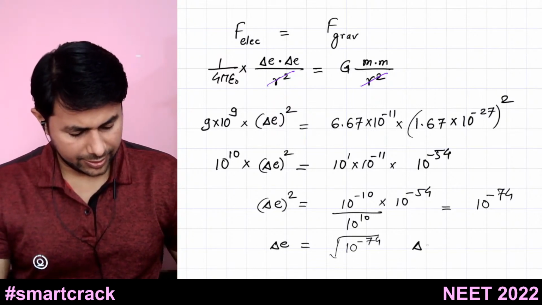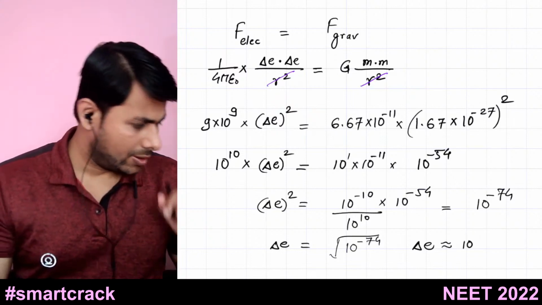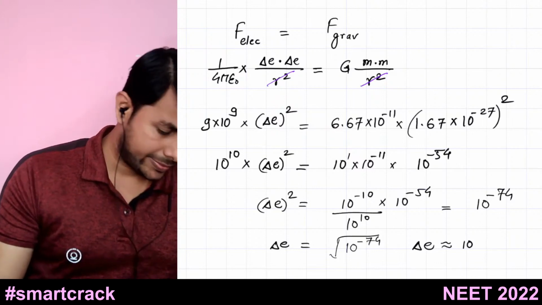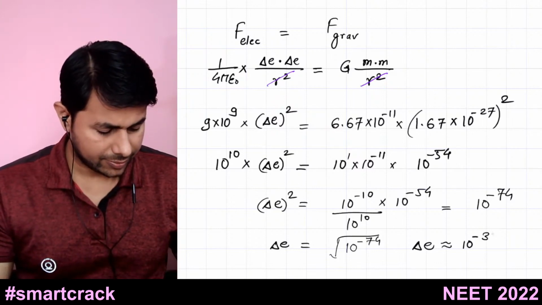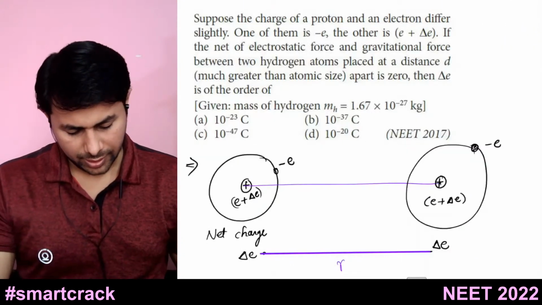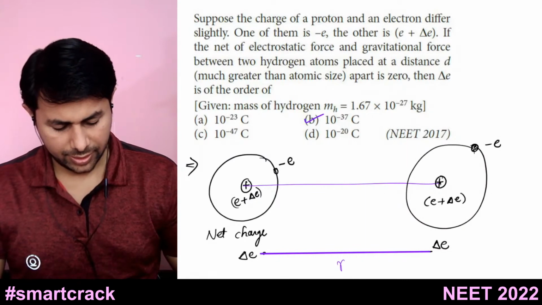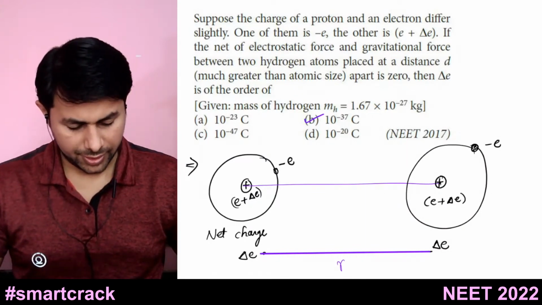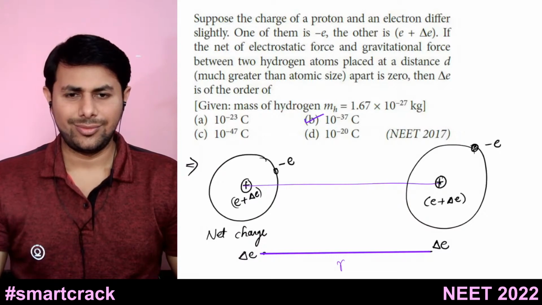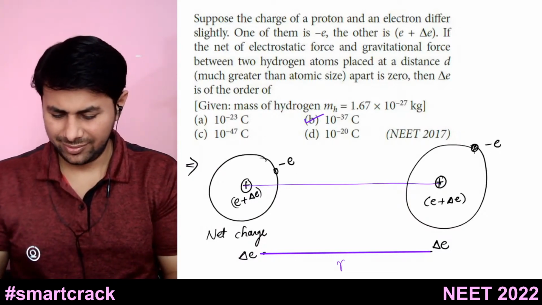So delta E is of the order of 10 raised to minus 37. This should be the answer. So let's check. It is option B. So simple. Yeah, this is simple.